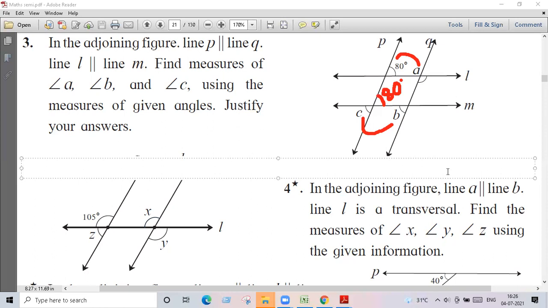So first we'll take A plus 80 is equal to 180. Why? Interior angles.